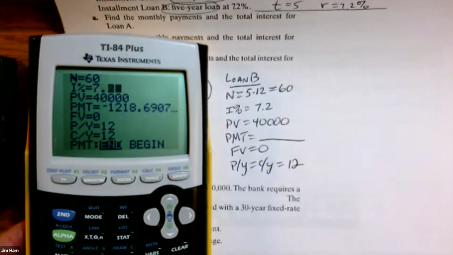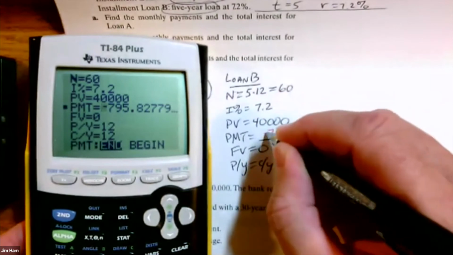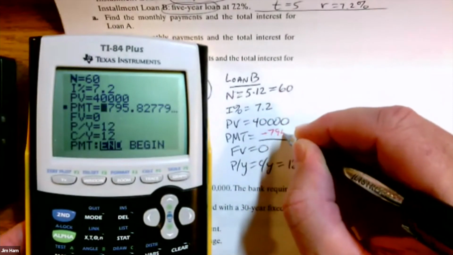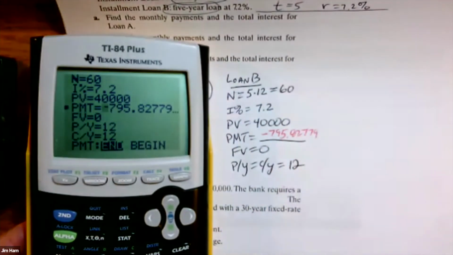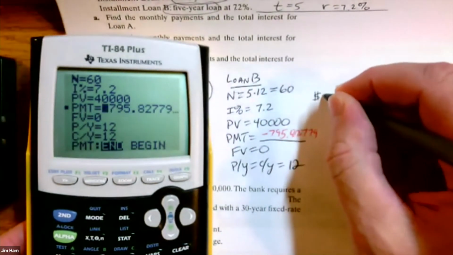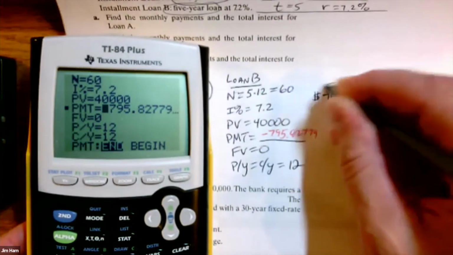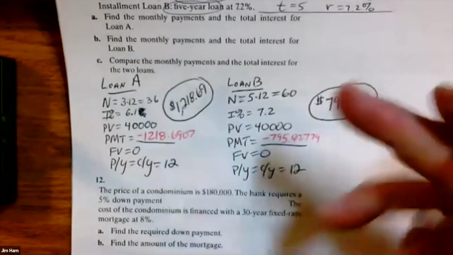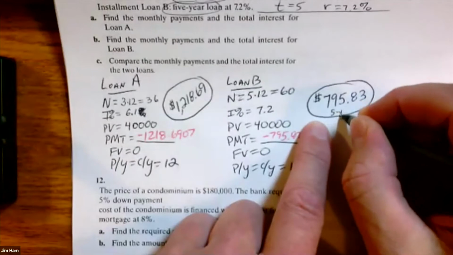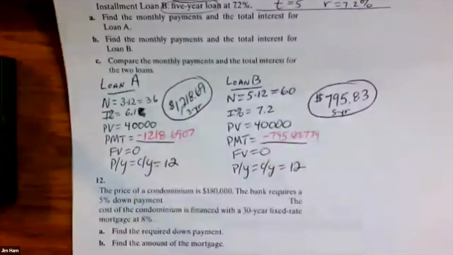Interest rate is 7.2, and the payment is $795.82, and so on. So the payment here is $795.83, we'll call it. So you can see if you take it out over 5 years, your payment is much lower than if you take it out over 3 years.